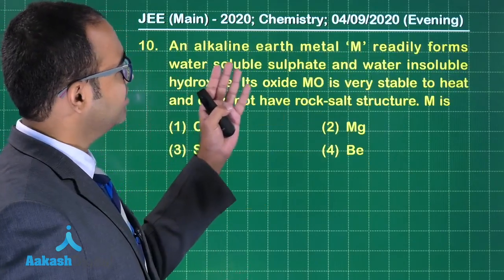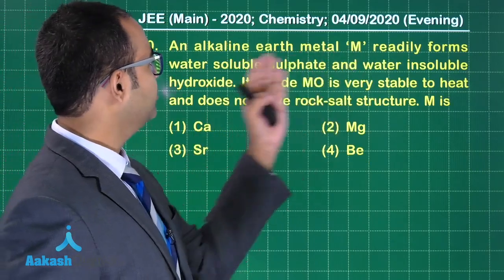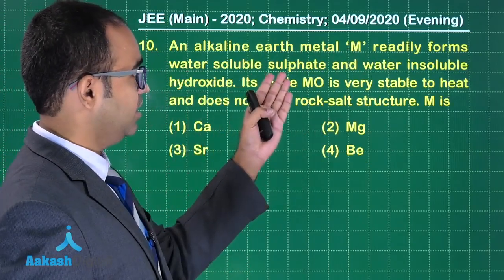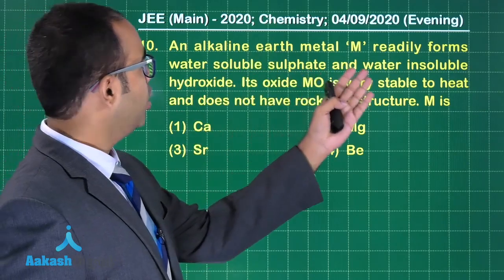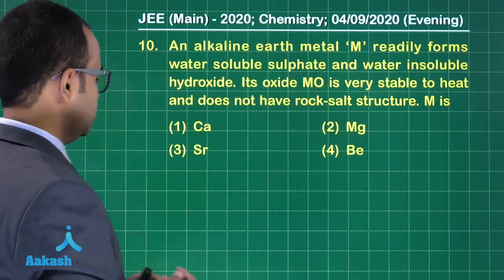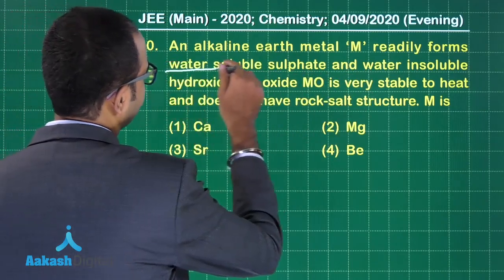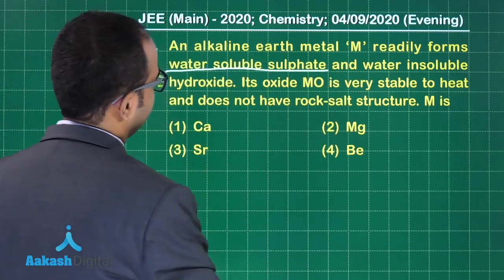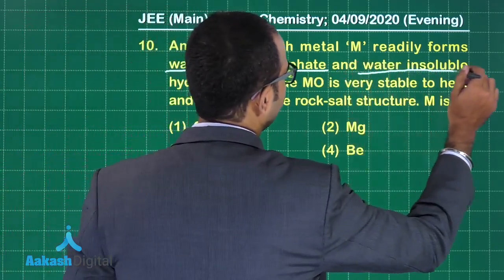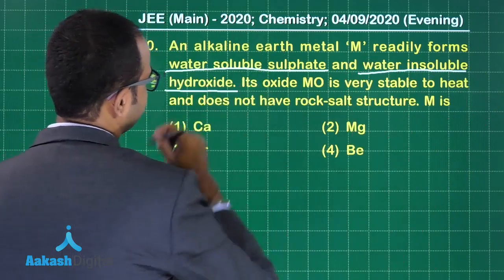An alkaline earth metal M readily forms water soluble sulfate, okay, and water insoluble hydroxide. So let us note down a few points over here. So water soluble sulfate and water insoluble hydroxide.